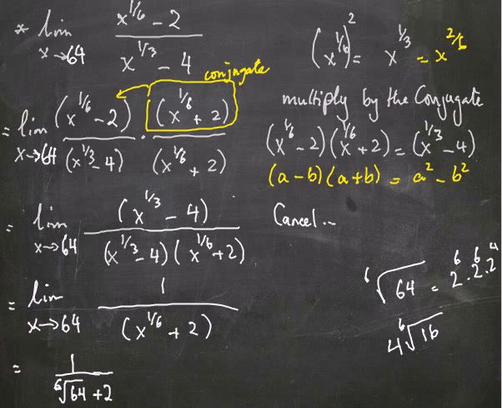We can easily see that we can cancel out these two expressions, and you're left with 1 over x power 1 over 6 plus 2. Now it's time to substitute x equals 64, and you end up with 1 over the 6th root of 64 plus 2.